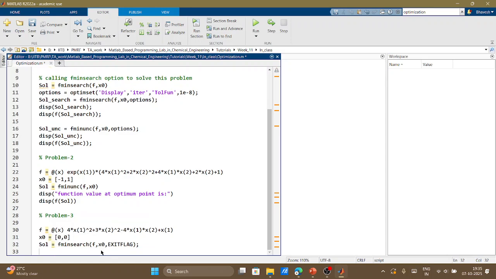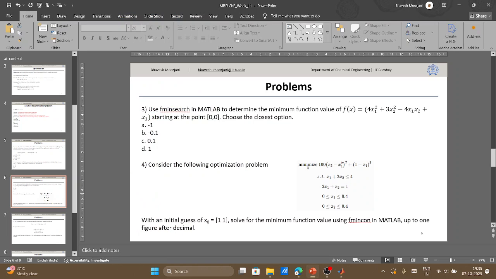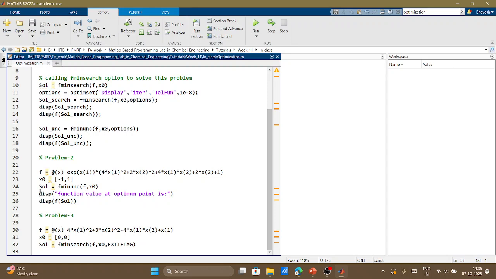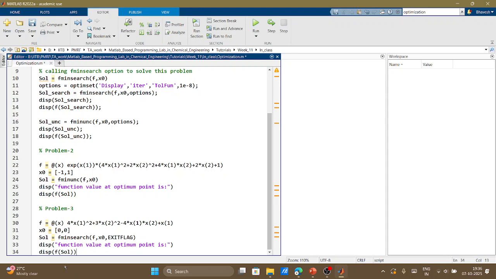I think this might have a syntax error, but anyway, let's see. You can use the exit flag to see how your optimization has converged. So we have to determine the minimum value, right? Again, let's run this.